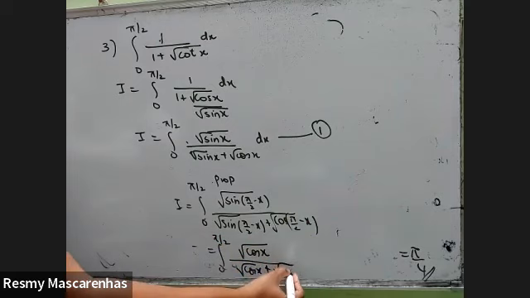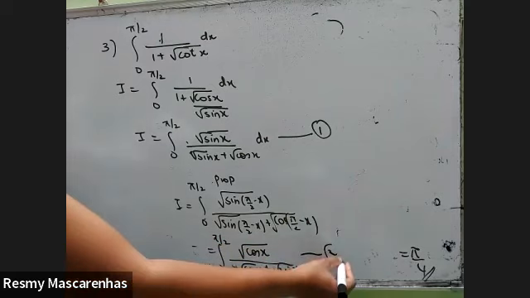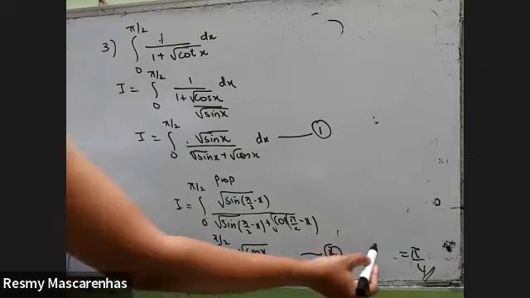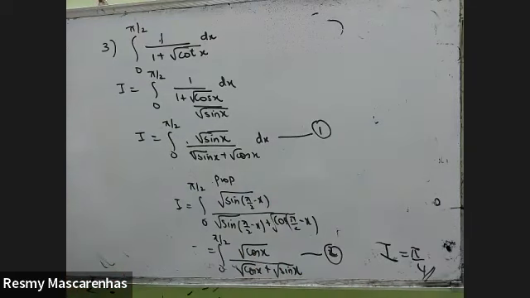This will become sin. And then follow the same. You have to do the same step, add equation 1 and 2. And they will get added, everything will get cancelled. What remains is finally 1. Numerator and denominator will cancel. Final answer will be same like previous. I will be pi by 4.